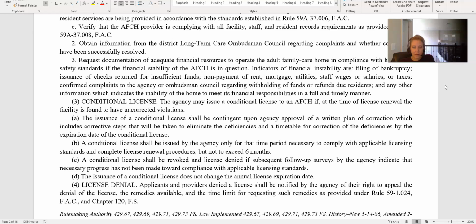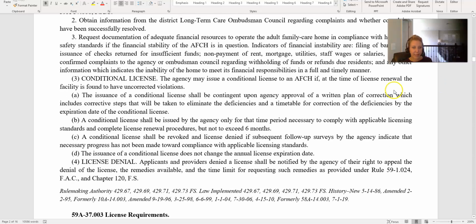Indicators of financial instability are filing bankruptcy, issuance of checks returned for insufficient funds, non-payment of rent, mortgage, utilities, staff wages or salaries or taxes, confirmed complaints to the agency or ombudsman council regarding withholding of funds or refunds due to residents, and any other information which indicates the inability of the home to meet its financial responsibilities in a full and timely manner.